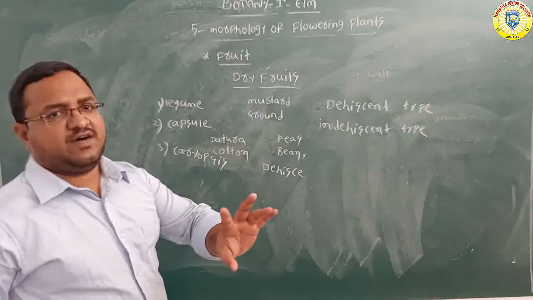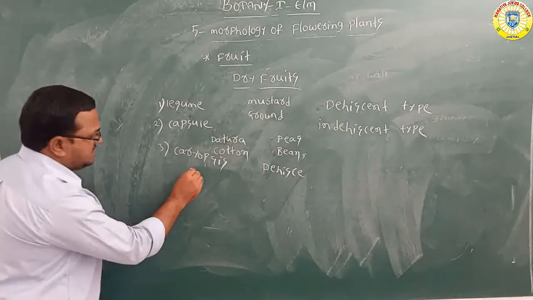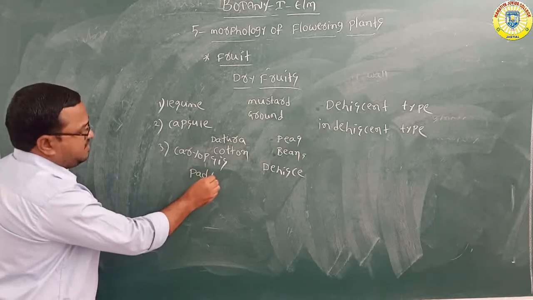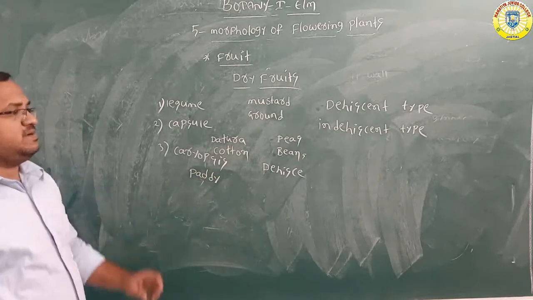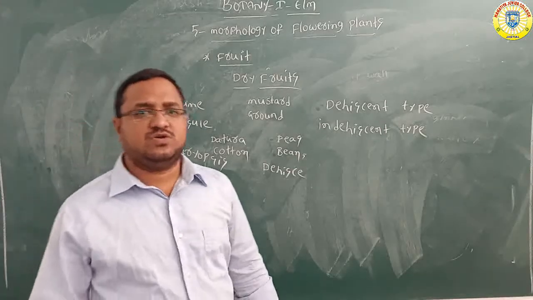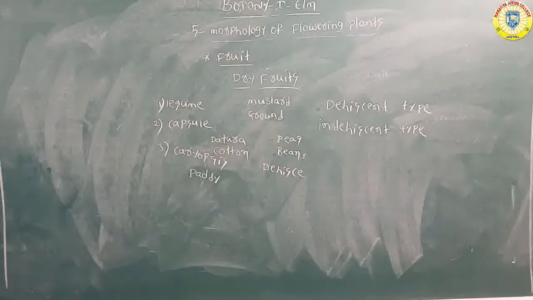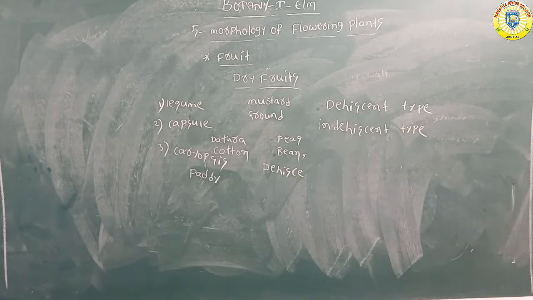That type of fruit you can see especially in grasses. Best example is paddy. That is known as caryopsis.